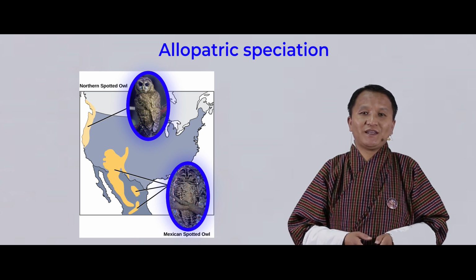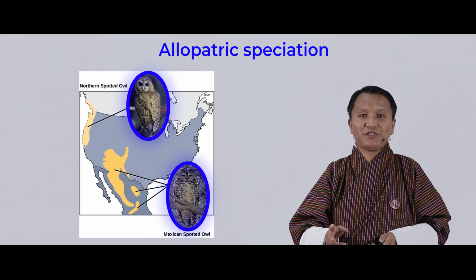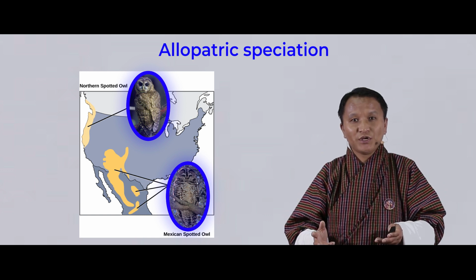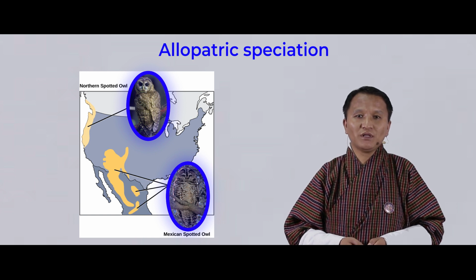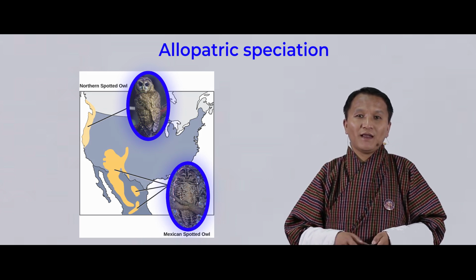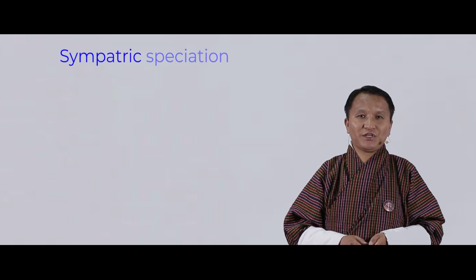So you have to understand that allopatric speciation is the formation of new species due to separation caused by a geographical barrier. Let us now look at the second type of speciation, that is the sympatric speciation.